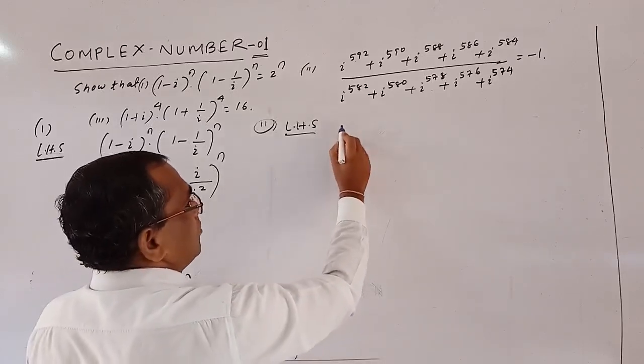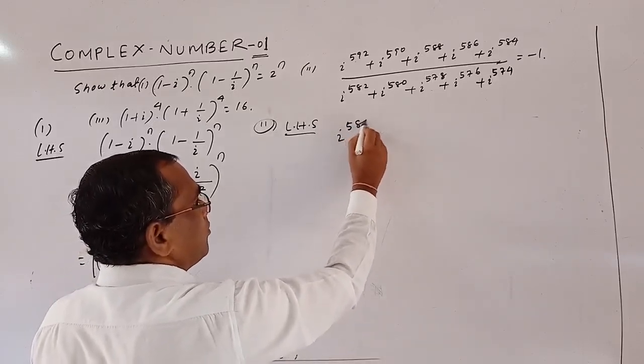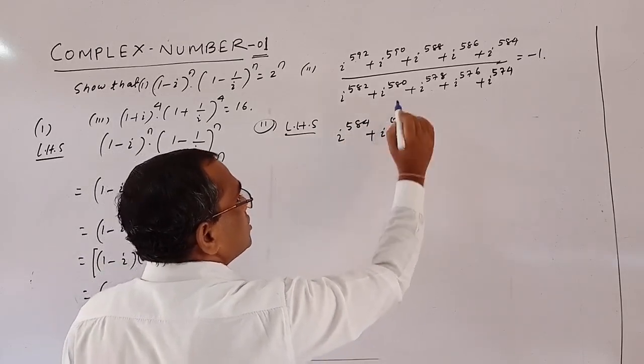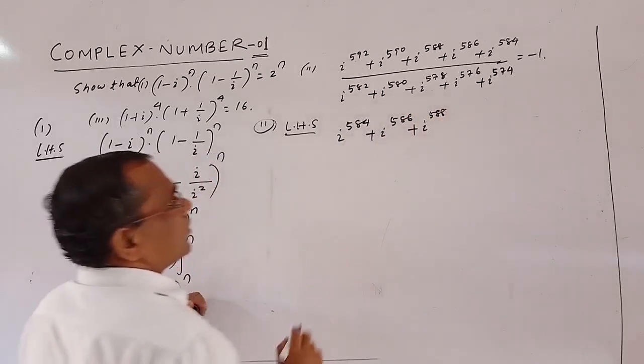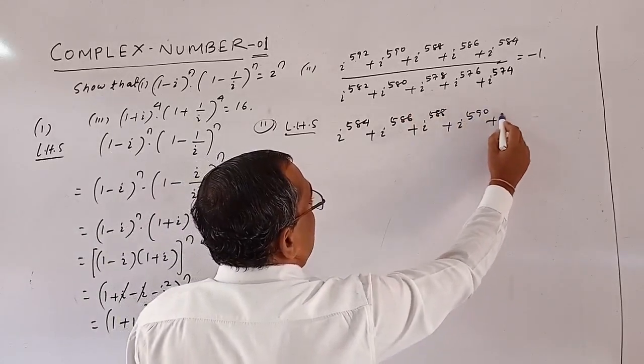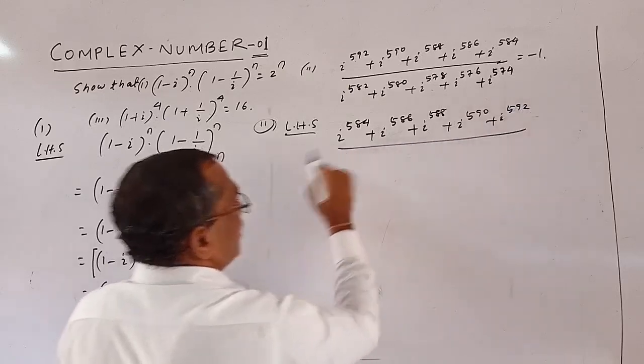So i to the power 584 plus i to the power 586 plus i to the power 588 plus i to the power 590 plus i to the power 592, whole by 8.